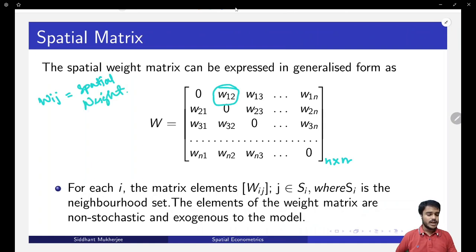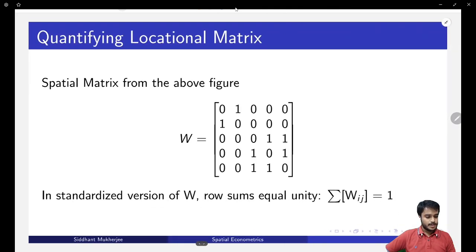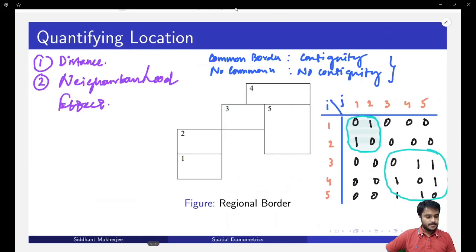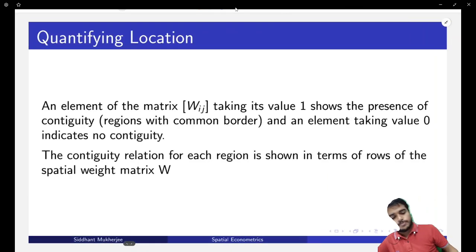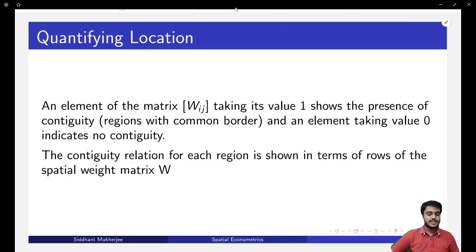Right. Now, one thing for quantifying allocations. Locational quantification is an element of the matrix wij, which takes values, so it is a kind of dummy variable type.